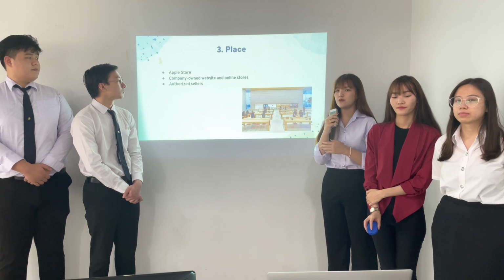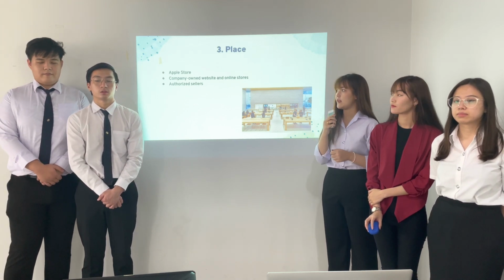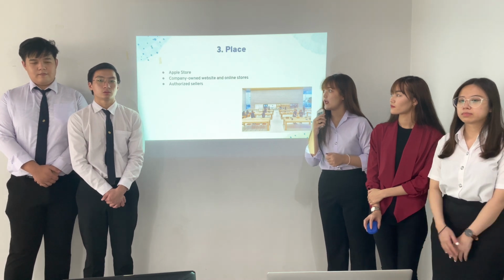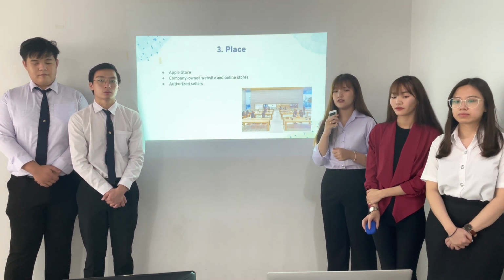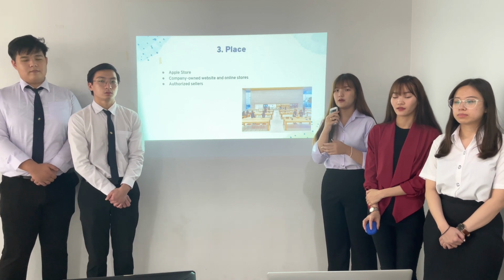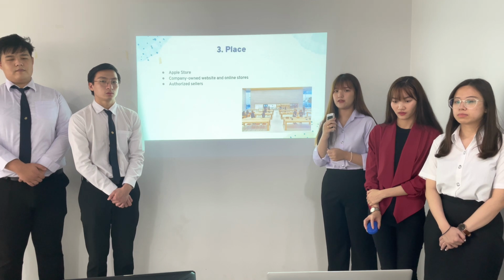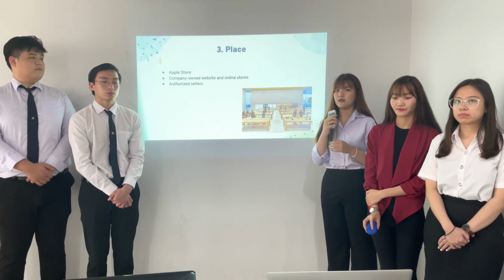And it's very easy to enter the national market. And they also have authorized sellers, and these sellers sell the Apple products in their strategic locations, for example, in shopping malls or in different places around the world.